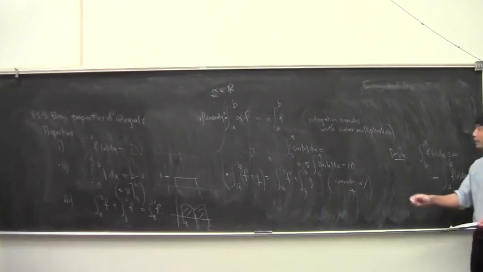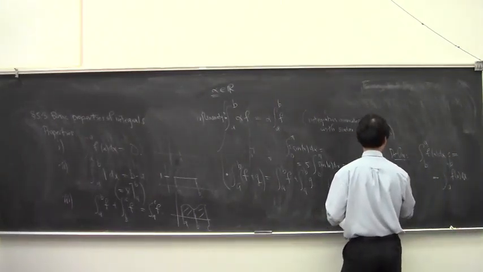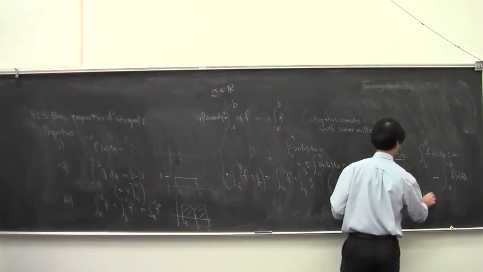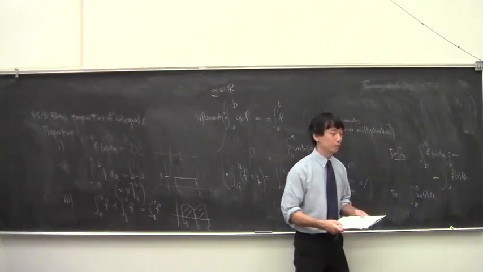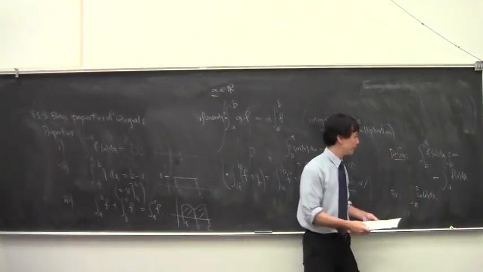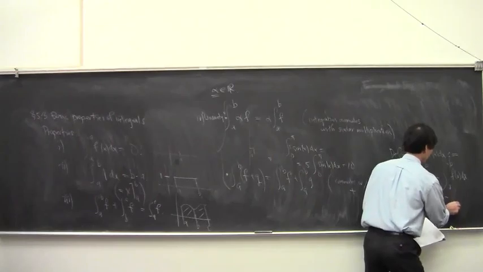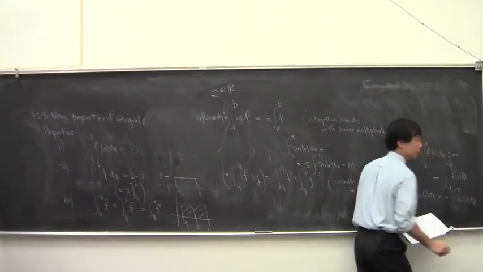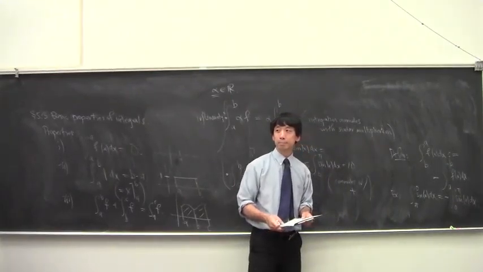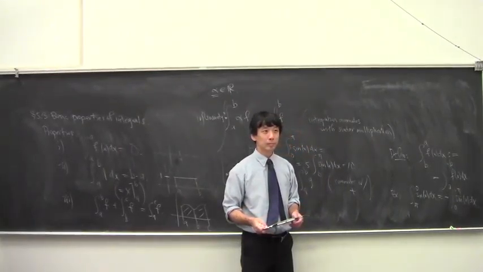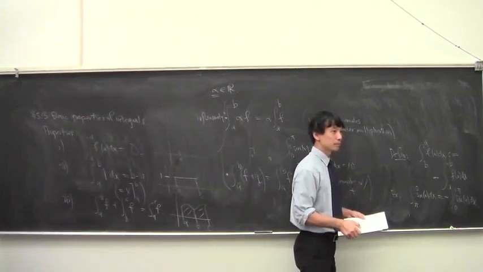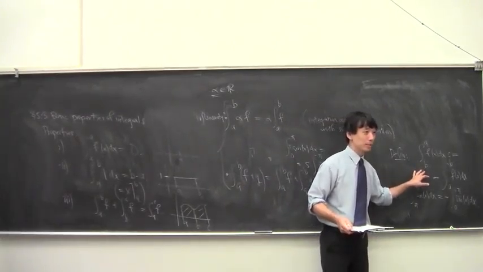So if I say the integral from pi to 0 of sine, what I need is negative the integral from 0 to pi of sine. We're just going to take this as our definition.